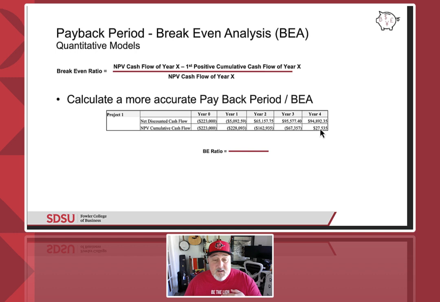Year 4 is the first positive year. So I know it's between these 2 years. Year 4 is 94,000, so I want to plug 94,000 into this value.